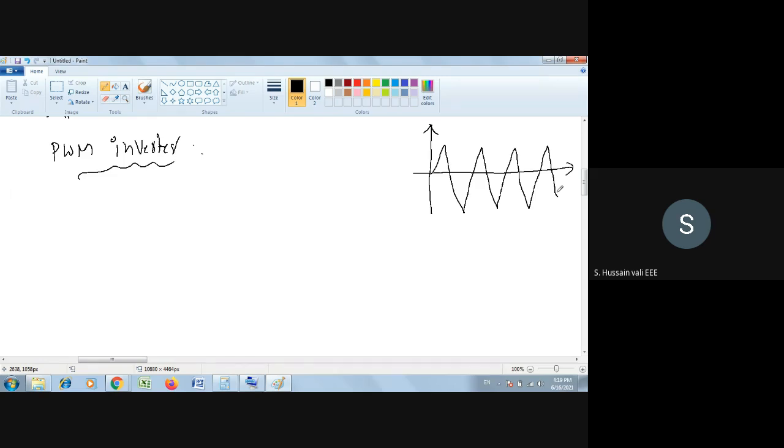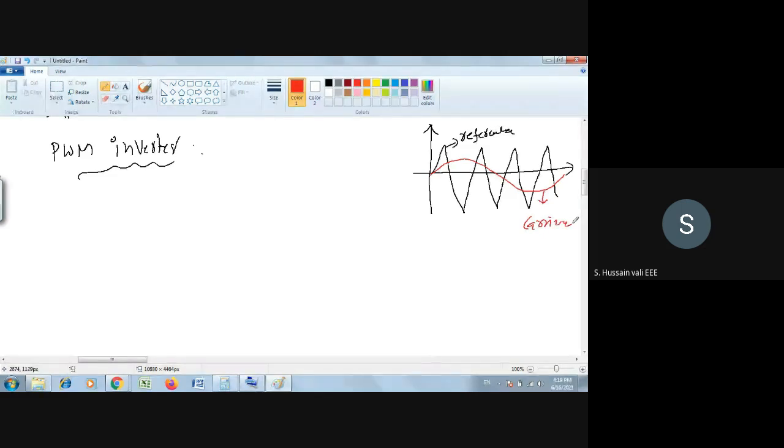For example, if I take the sinusoidal PWM, the carrier waveform will be something like this. This black color one is the reference, whereas this red color one is the carrier waveform. I hope you know how to get the pulses here.